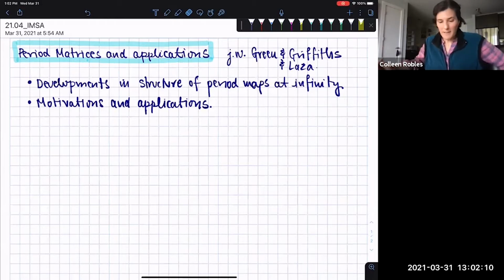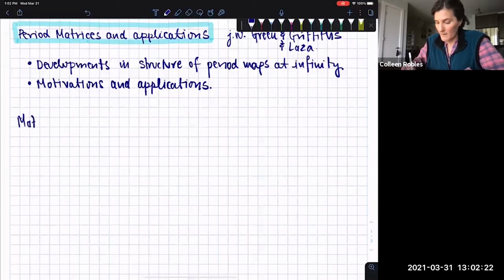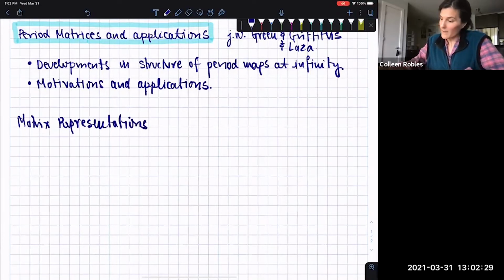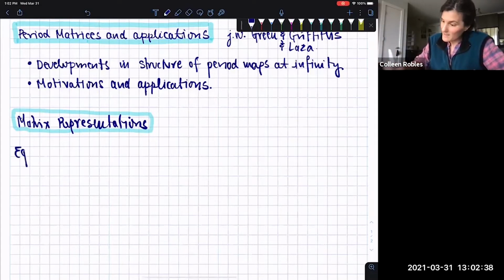Okay, so let me just start with matrix representations, and this is very much familiar, going back to a classical perspective. I really do mean what it sounds like, which is that we can represent the period map by a period matrix.